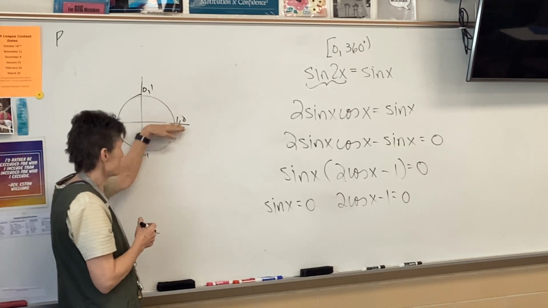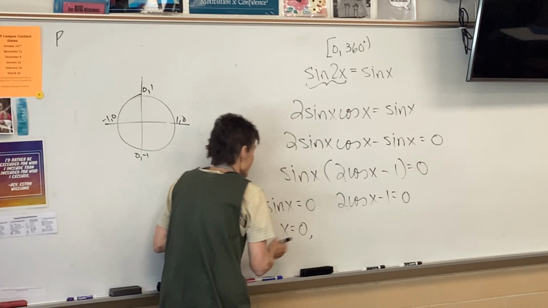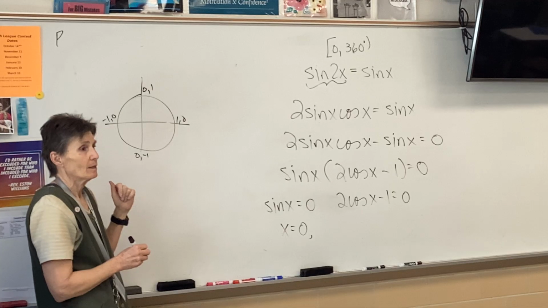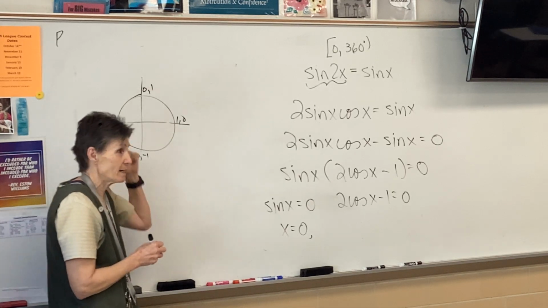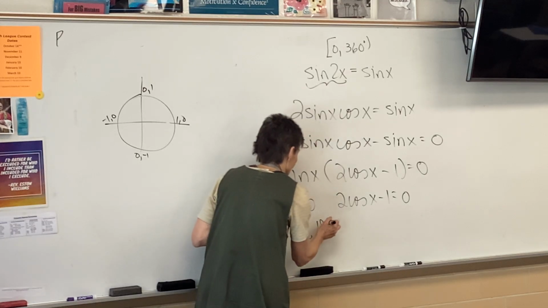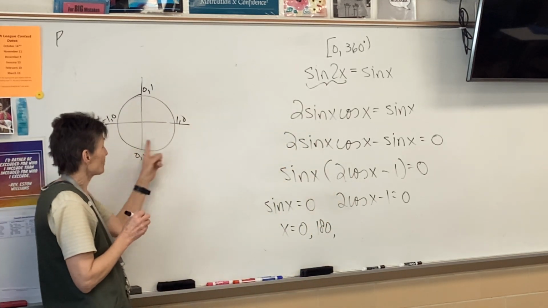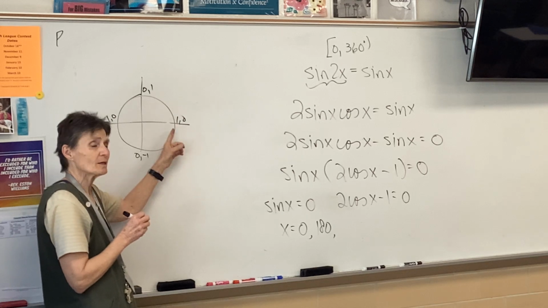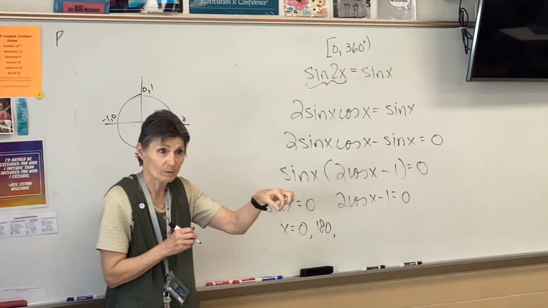So what angle is that? 0. Is there any other place where sine or Y is 0? For sure. And that's it. Now you can say, what about 360? But we're not going to count 360 because it's the same as 0 and we already wrote it down.